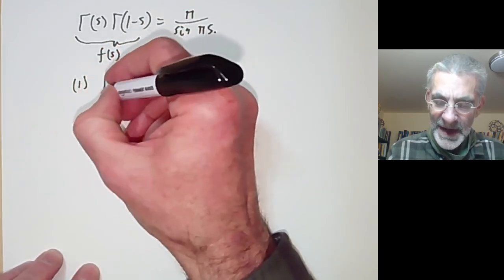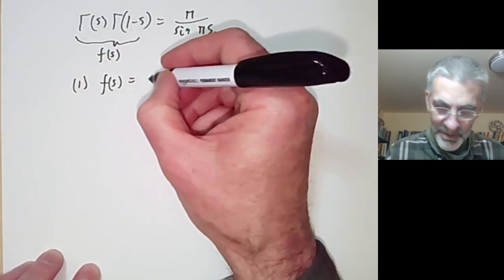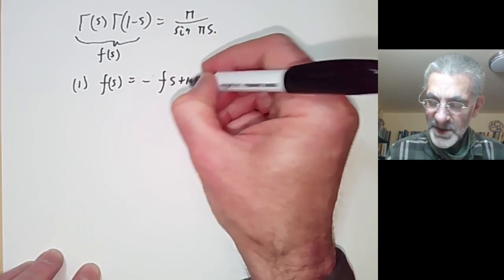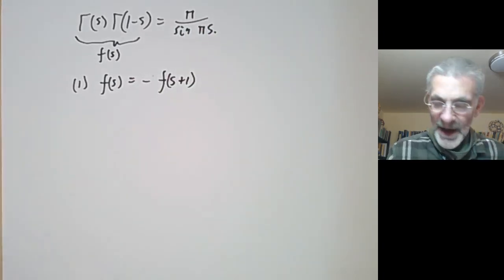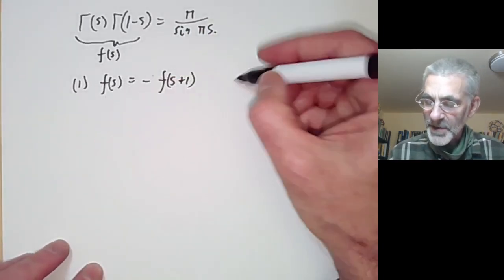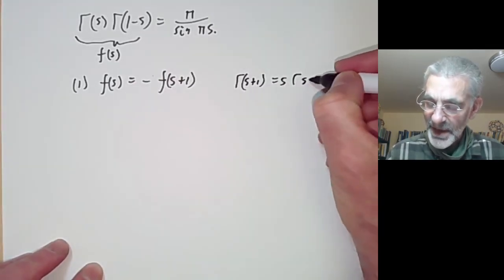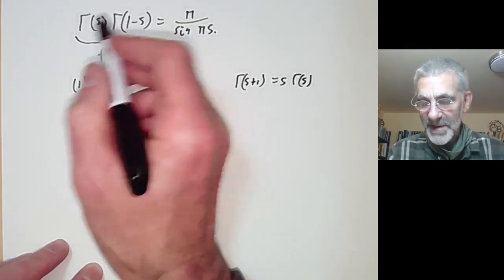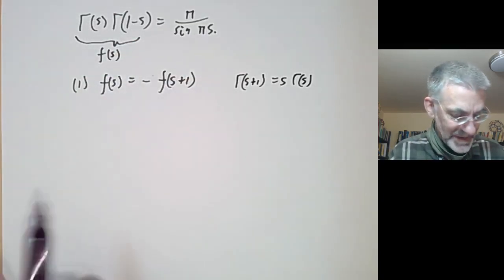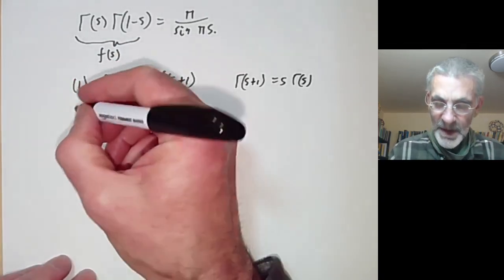First of all, we notice that f of s is equal to minus f of s plus 1. And that follows from the functional equation for gamma of s. So gamma of s plus 1 is equal to s times gamma of s. And if you insert that into here, you find it satisfies this simple functional equation.